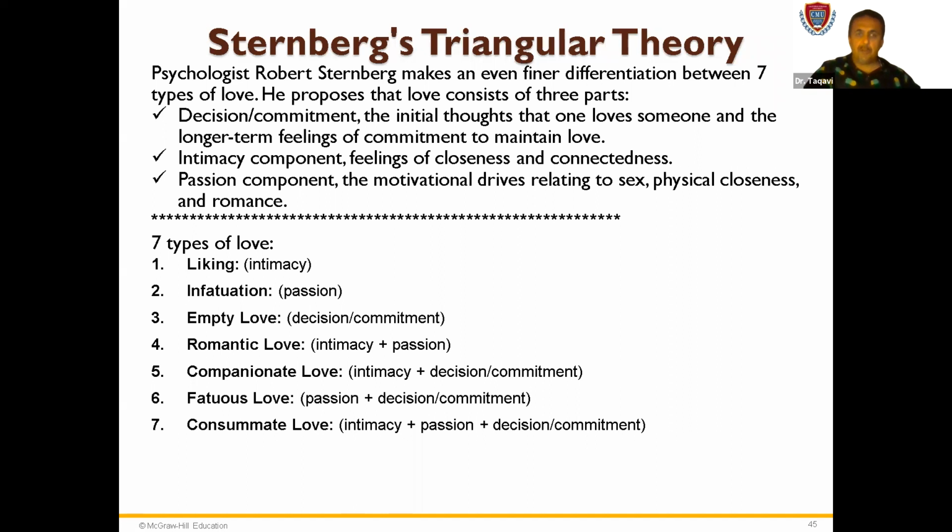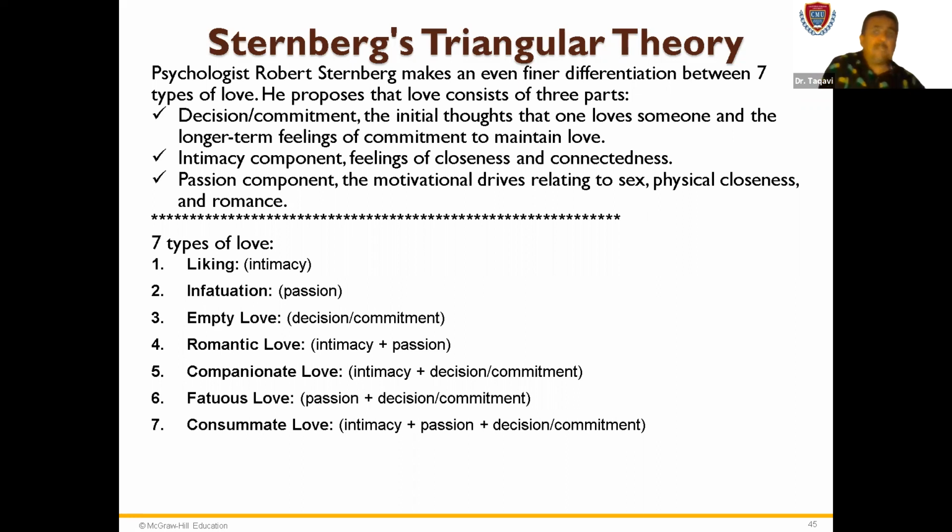In 3 of them, we have only one component. If you have only intimacy with another person, it is called liking. If you only have passion about another person, it is infatuation. If you have only commitment or decision, like some grandpas and grandmas, it is empty love.